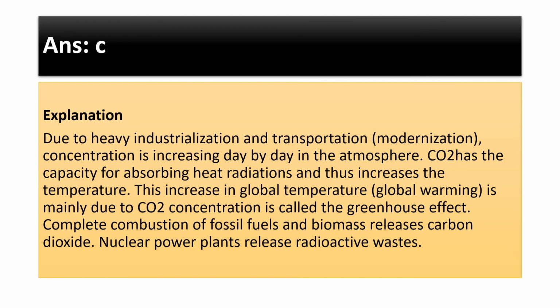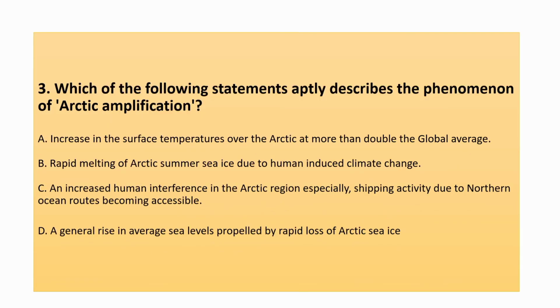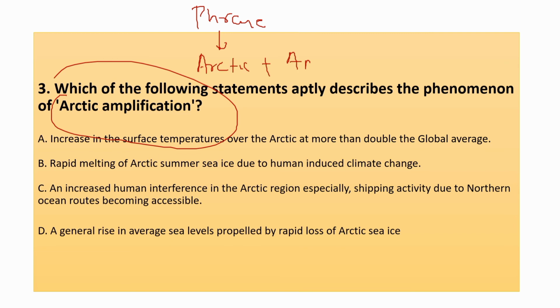Okay, now let's look into the next question. The next question is very simple. It is asking about the definition of Arctic amplification. When such a term comes that we do not know about, you should split the phrase itself. In Arctic amplification, we can split it into Arctic and amplification.